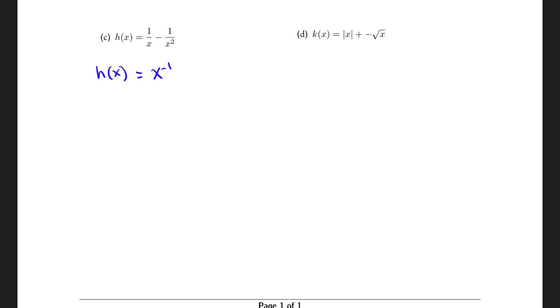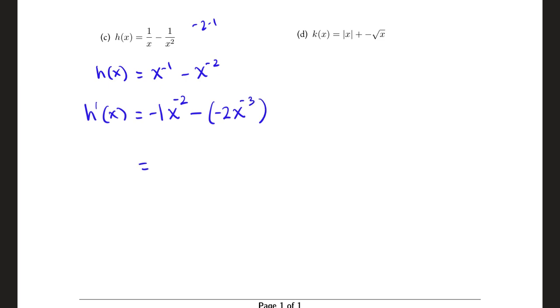Minus 1 over x squared can be rewritten as negative x to the negative 2 power. These are now in power form, so we differentiate. H prime of x: the derivative of x to the negative 1 is negative 1 x to the negative 2, minus, and then we bring down the power, which is negative 2x, and we lower the power by 1. Negative 2 minus 1 is negative 3.